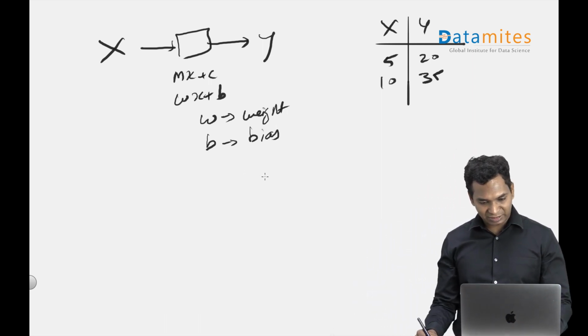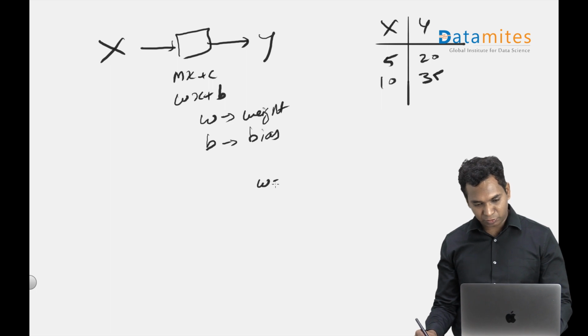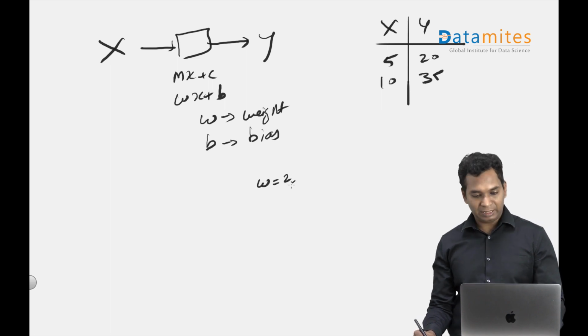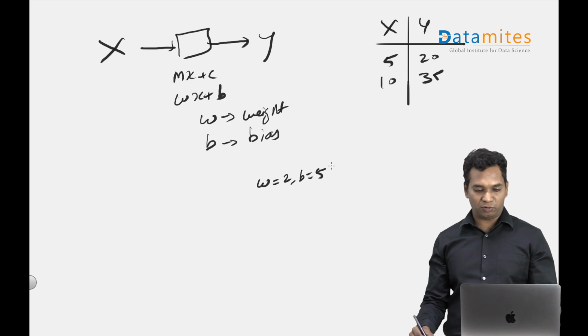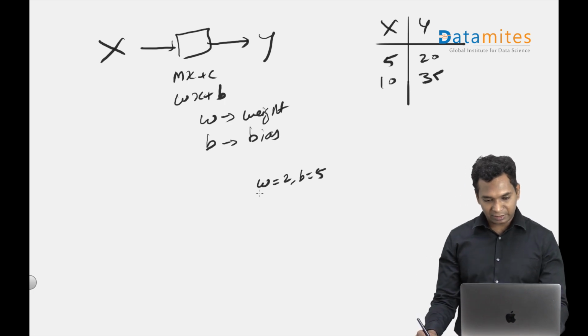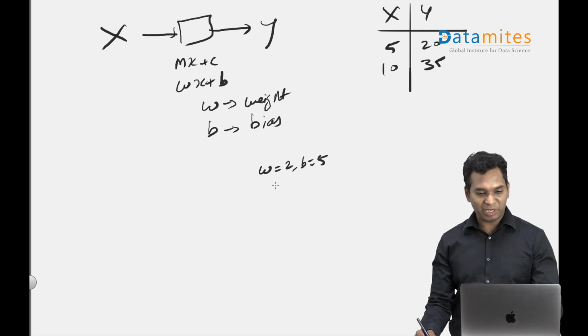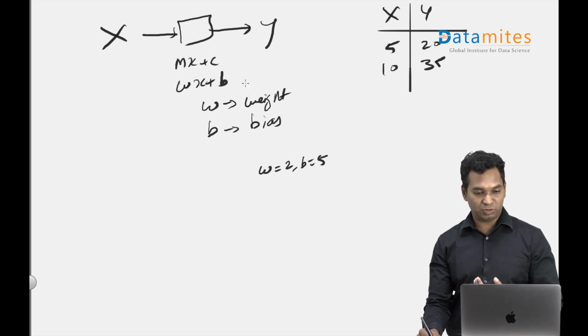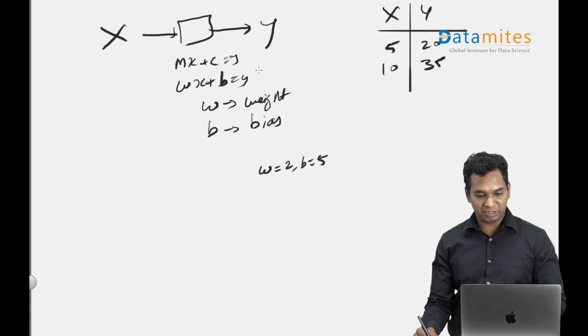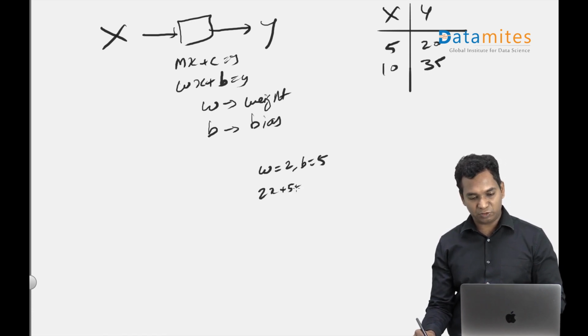So I'm going to simply take W is equal to 2 and B is equal to 5 for simplicity's sake. And the equation Wx plus B is equal to Y turns out to be 2x plus 5 is equal to Y, isn't it?